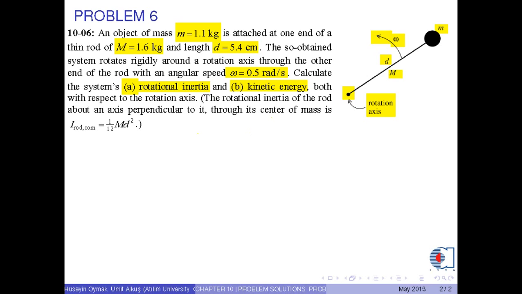The rotational inertia of the rod about an axis perpendicular to it through its center of mass is I sub rod,com, where com is the center of mass, equals 1 over 12 times capital M times d squared.